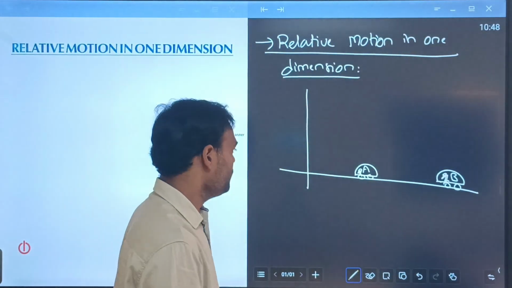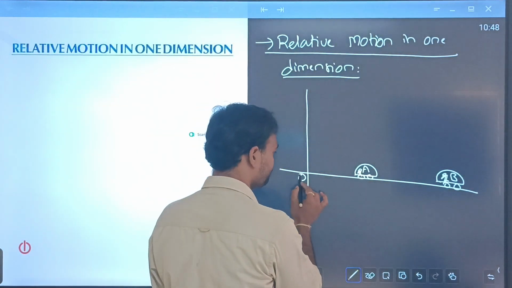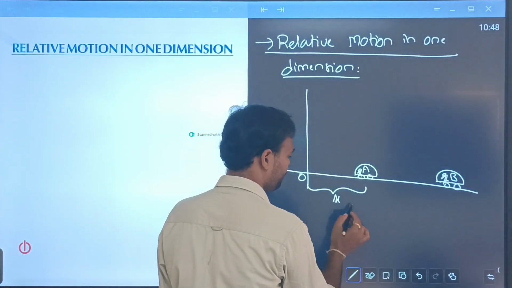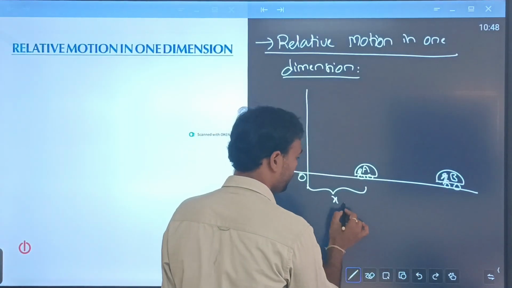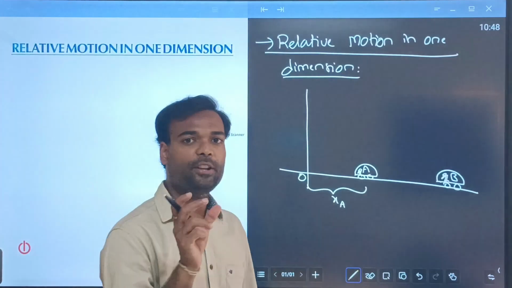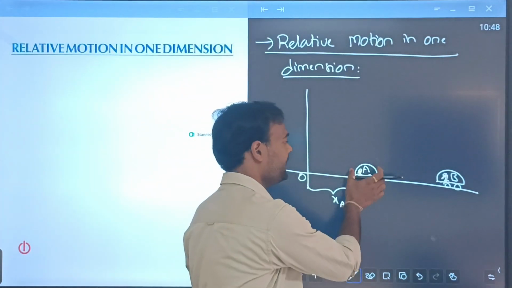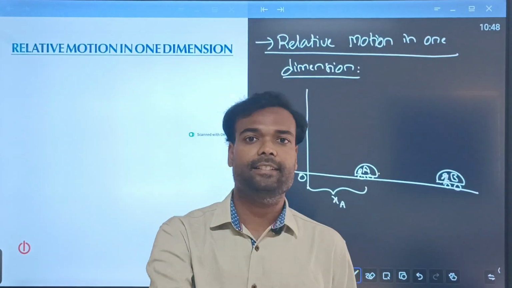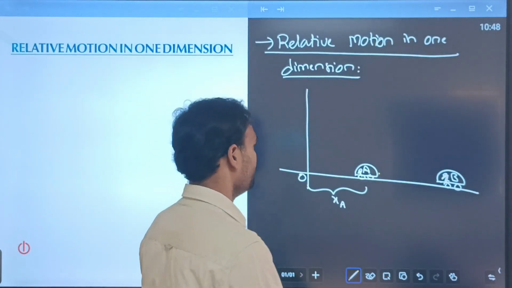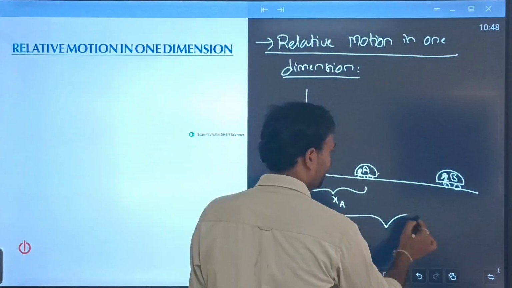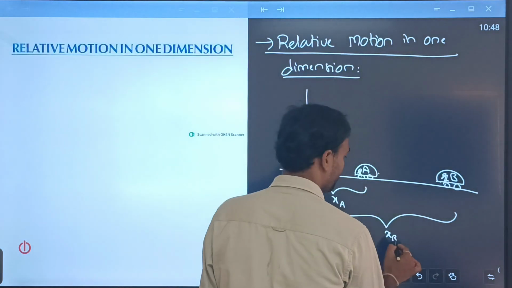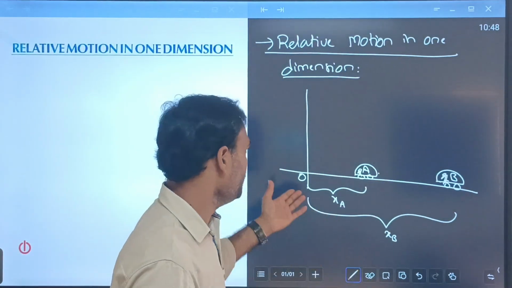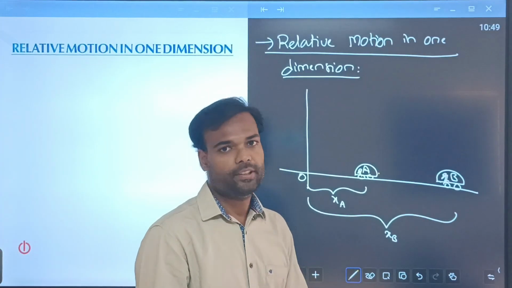Now, with respect to origin, this point is at a distance of xA. xA is the displacement of A with respect to the origin, meaning A is at a distance of xA from the origin. Similarly, xB is the location of B from the origin.